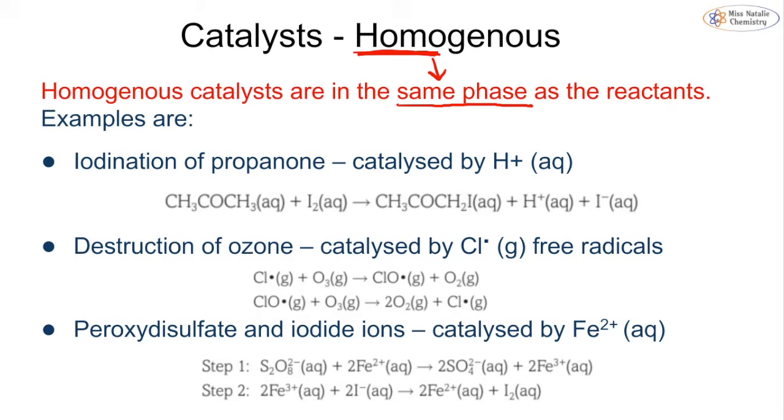You have destruction of ozone being catalyzed by chlorine free radicals, which are all in gaseous forms. And if we have peroxydisulfate and iodide ions being catalyzed by iron 2+. And we'll discuss these more when we get into topic 15 and topic 16, where we're talking about redox reactions.